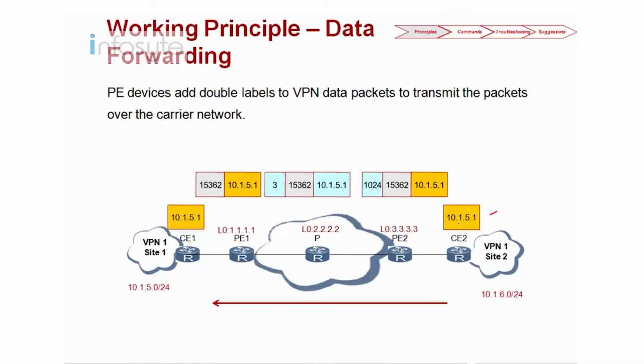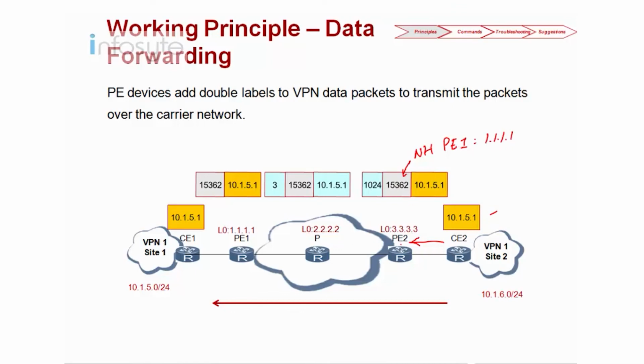So this destination address, this packet I will send to PE2. PE2 will first check 10.1.5.1. PE2 knows how to go, and I'm going to assign the 15362 label. Okay, so 15362, you still remember where the next hop is? The next hop is pointing to PE1, and PE1 is 1.1.1.1.